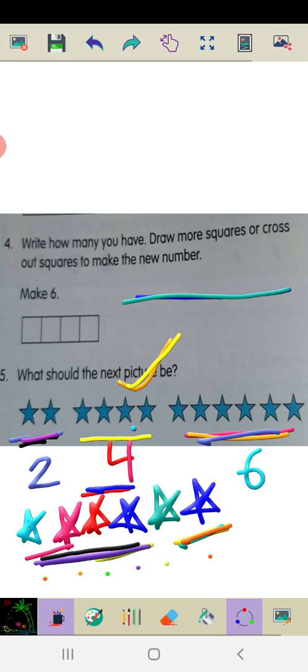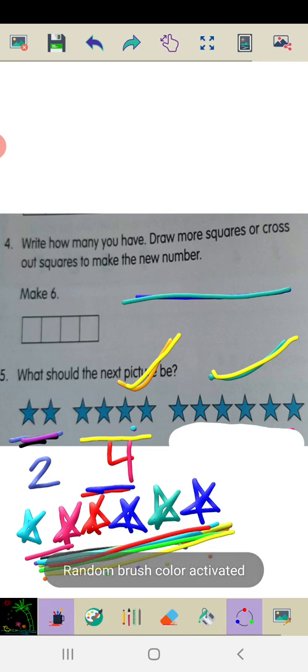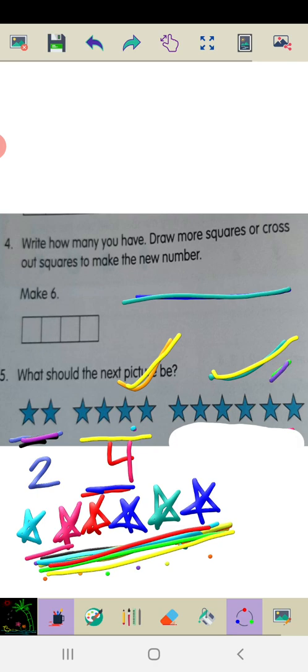How can I find it? In this group I have 6 stars. To the previous group of stars I am adding 2 more, because every time I add 2 stars.